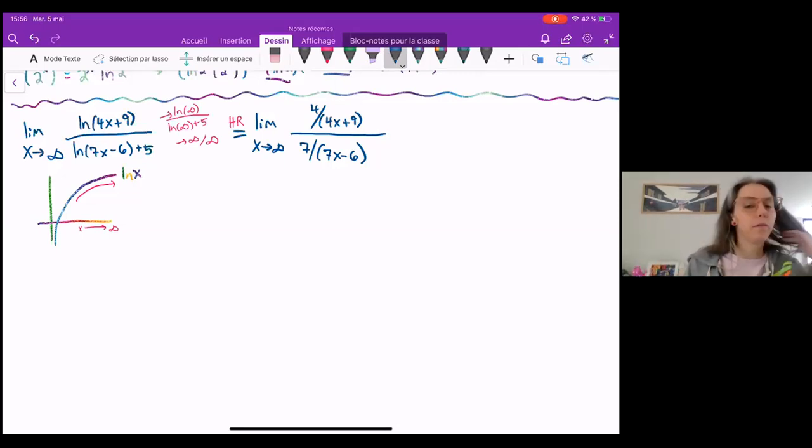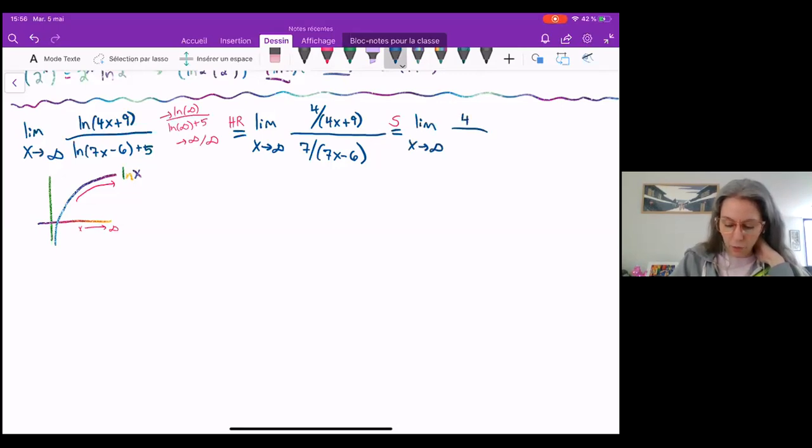So now, before we plug in again, remember we always want to simplify. I'm going to write equals, and put a little s here just to show that I'm simplifying. The limit as x approaches infinity, I'm going to write the numerator as a fraction. And remember, division by a fraction is the same thing as multiplication by its reciprocal.